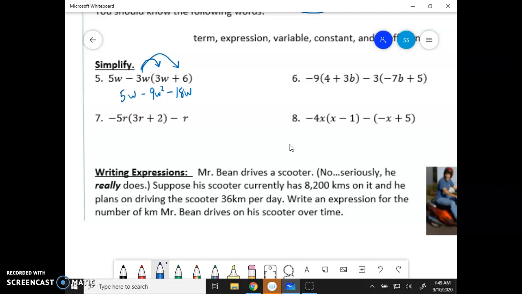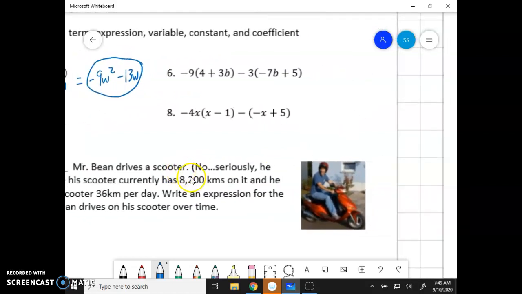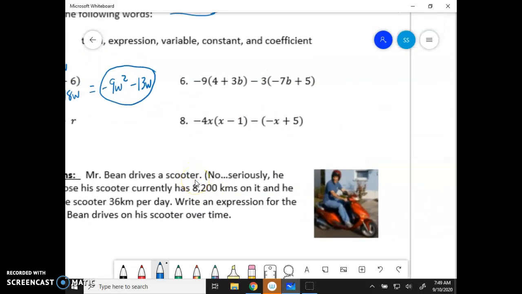We've got 5w and negative 18w, so our final answer would be negative 9w squared minus 13w. There we go.